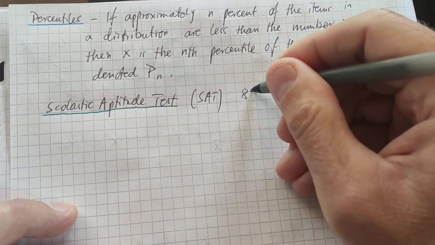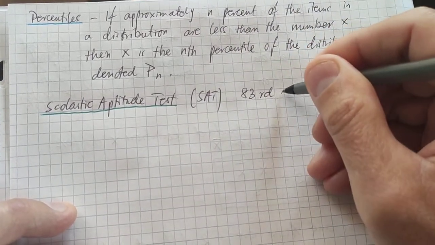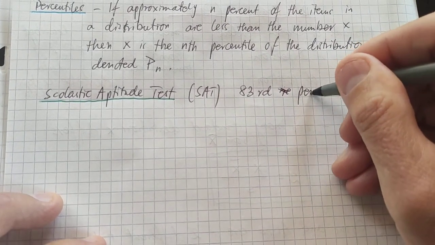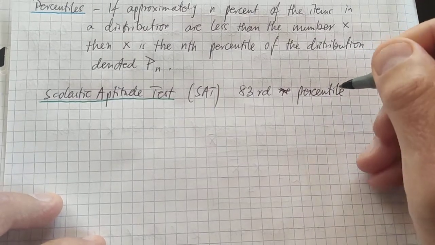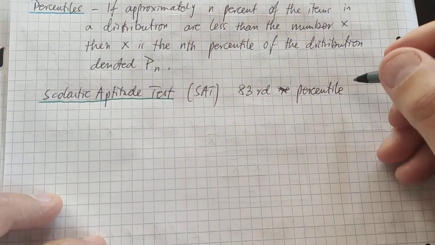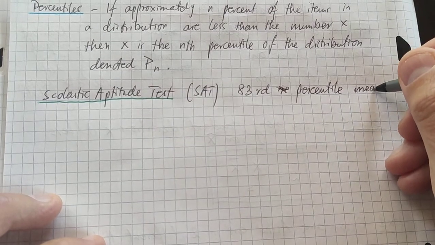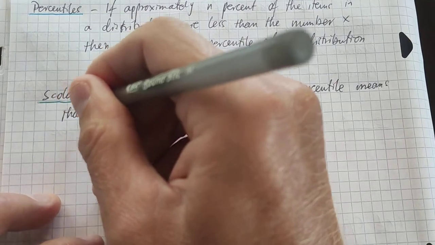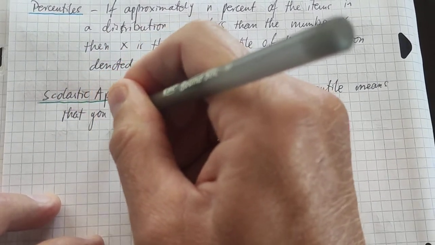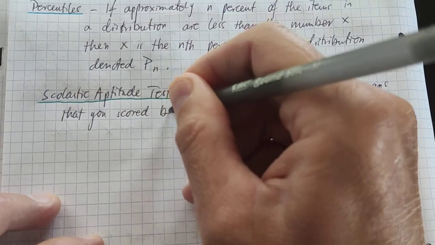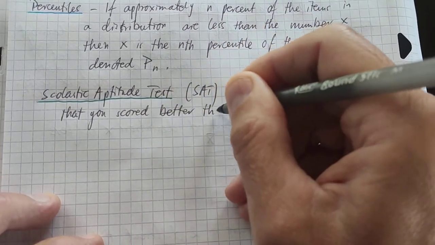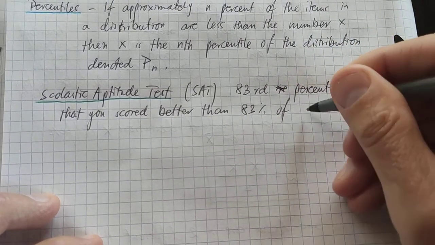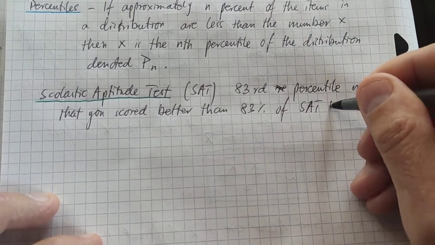So 83rd percentile means that you scored better than 83% of SAT takers.